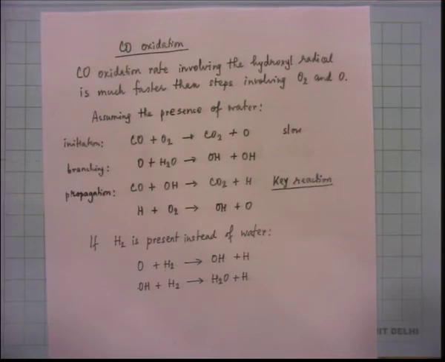So, what do you want to happen if you are trying to burn, if you are trying to oxidize CO? You want to have at least some moisture in the air, okay, then the reaction will be really fast. If CO is with very dry air, then the reaction rate is small.